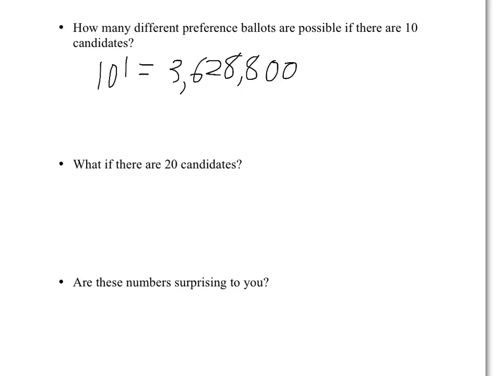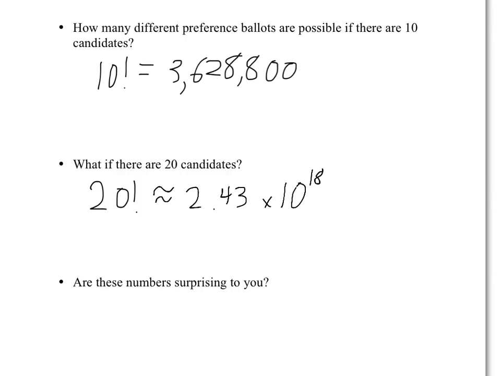If you thought that was surprising, then 20 candidates are even more so. When there are 20 candidates, there are 20 factorial different possible preference ballots, and 20 factorial is approximately equal to 2.43 times 10 to the 18th power.